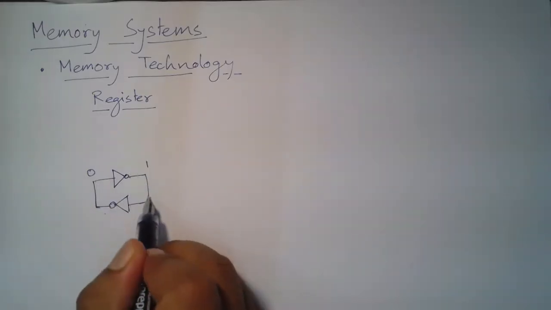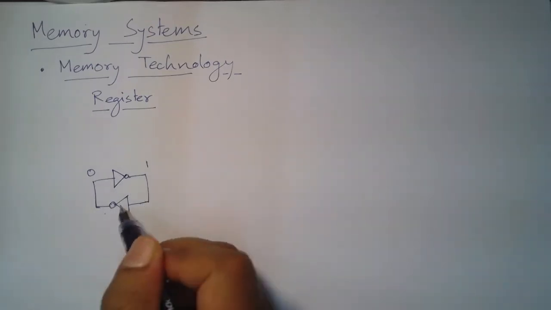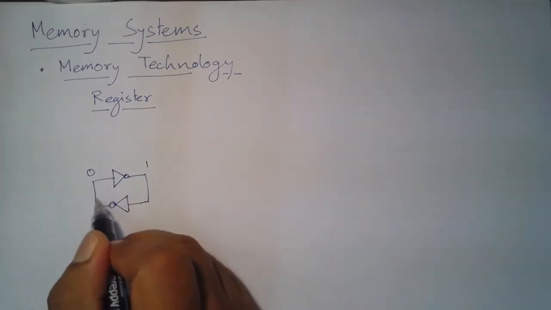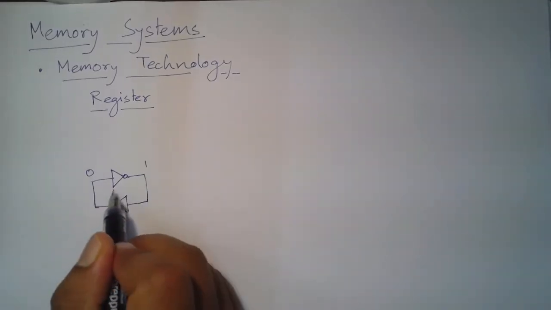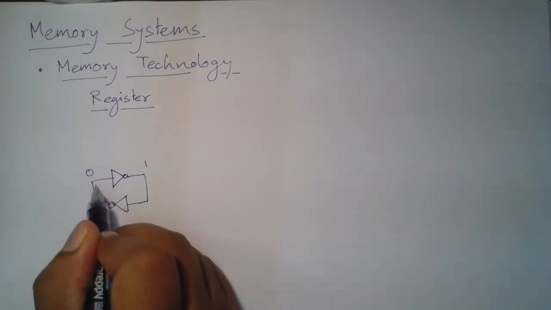So if I can build something like this, then I have to have some kind of a mechanism to initialize. Let us say I want to feed a 0 here.